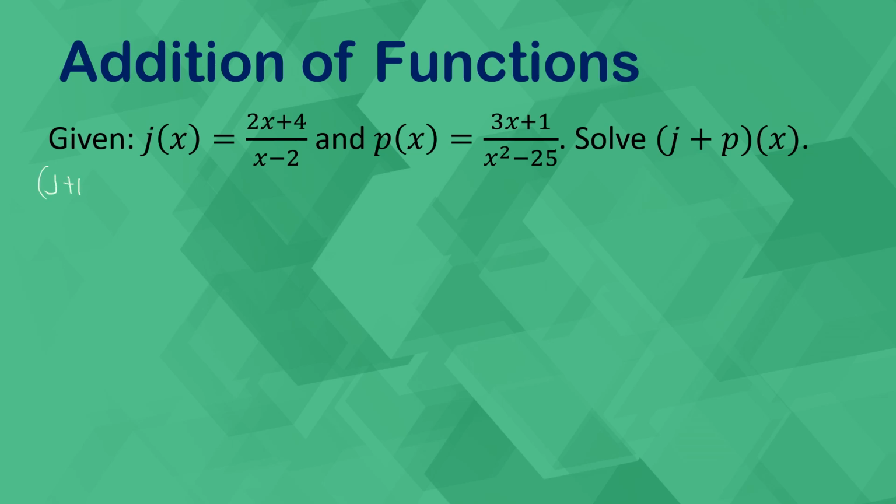J plus P of x is equal to J of x plus P of x. For J of x, we have 2x plus 4 over x minus 2. For P of x, we have 3x plus 1 over x squared minus 25.